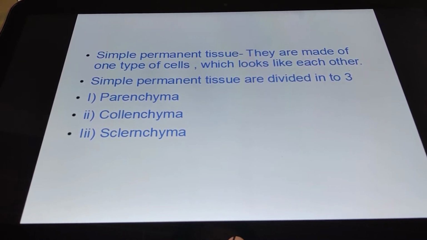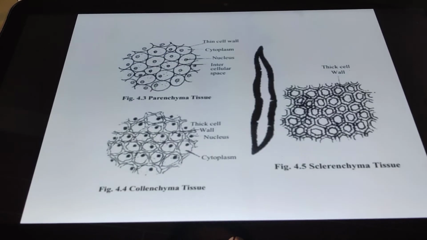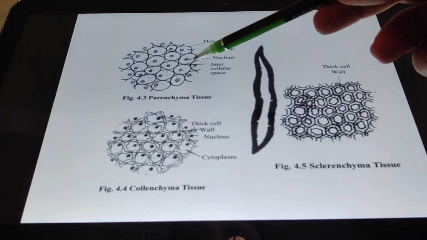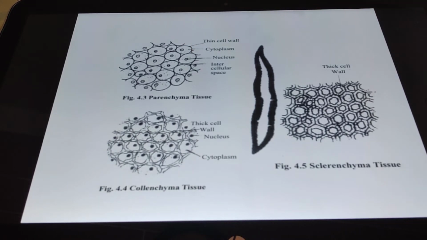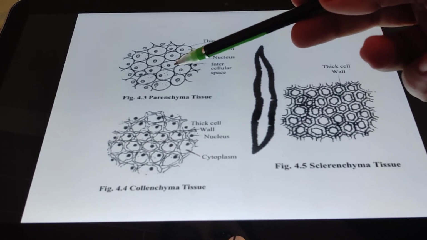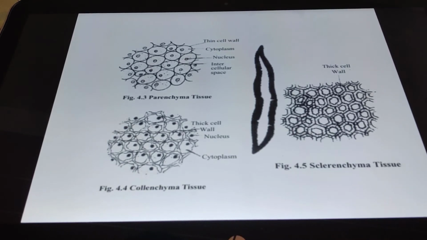We have already discussed parenchyma and collenchyma. Parenchyma, if you see, has a thin cell wall with dense cytoplasm and a prominent nucleus. It is loosely packed and has intercellular space.